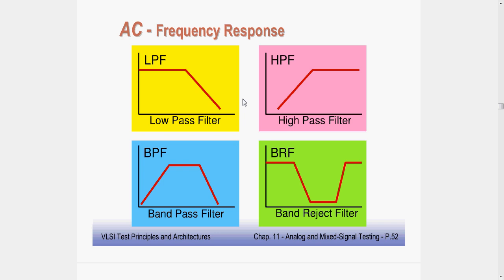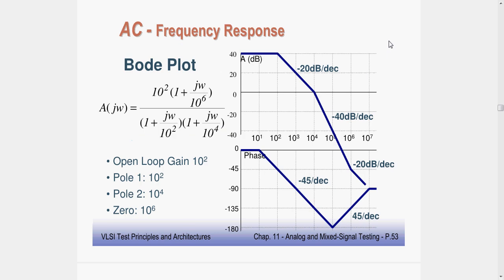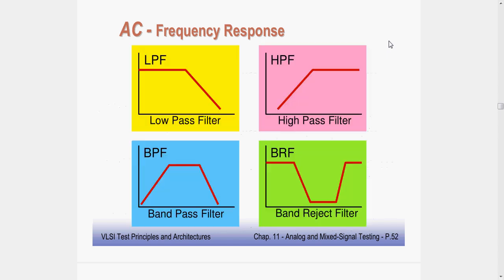Almost all analog circuits have a filter, so we need to check the frequency response parameter. For the frequency response, we can directly take it and go for the Bode plot.